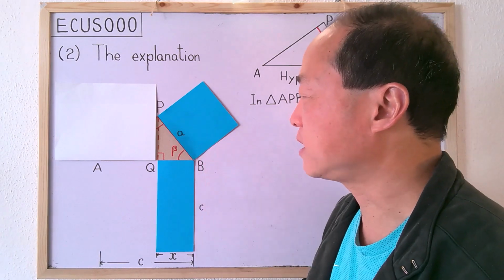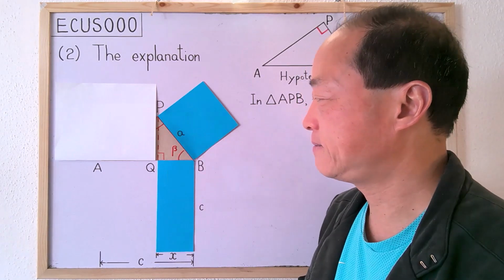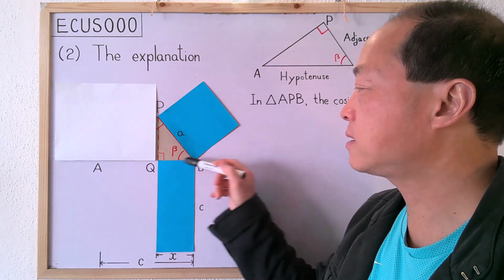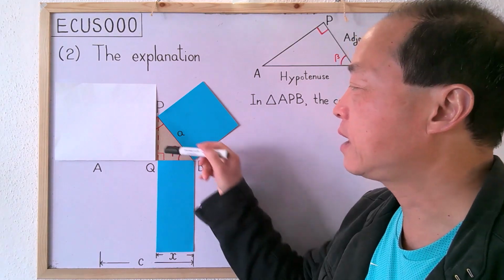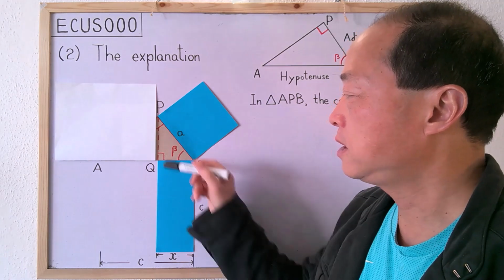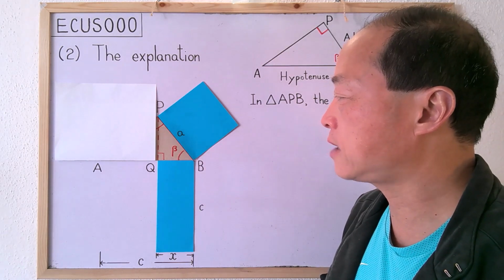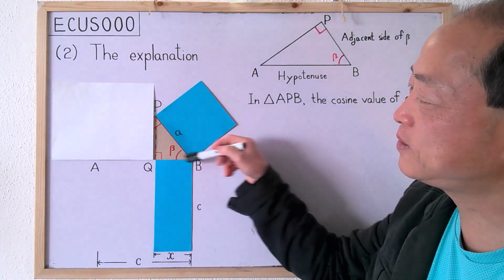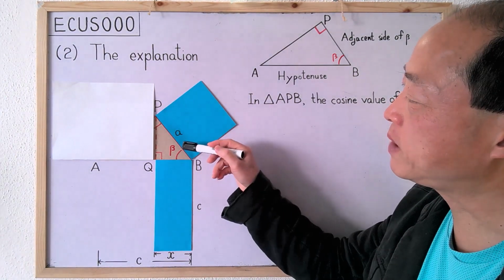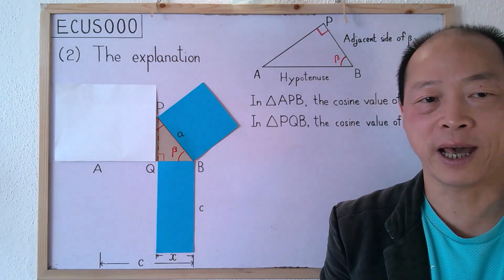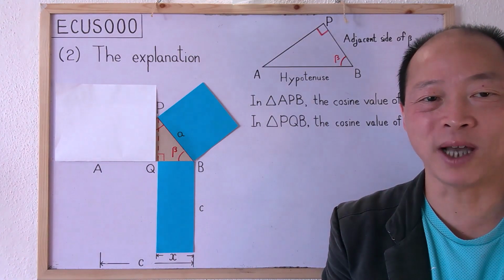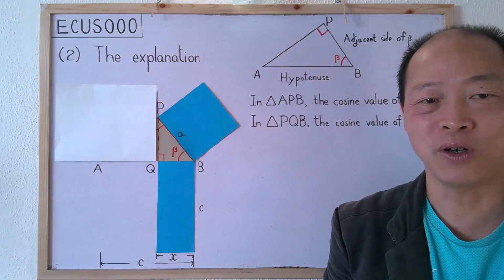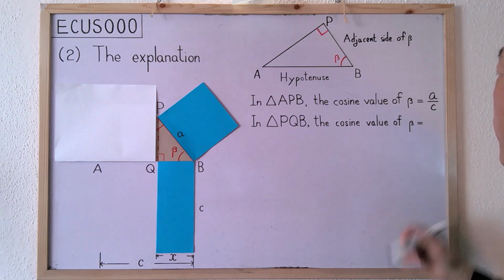This is the hypotenuse. Its length is A. Again, these two sides form the right angle. This side is closer to beta, and this side is not. This is the adjacent side of beta. Its length is X. In triangle PQB, the cosine value of beta is the length of the adjacent side, that is X, divided by the length of the hypotenuse, that is A. Therefore, it is X divided by A.